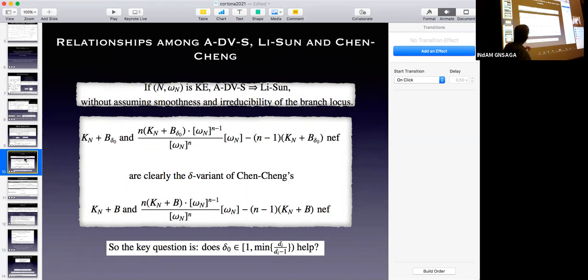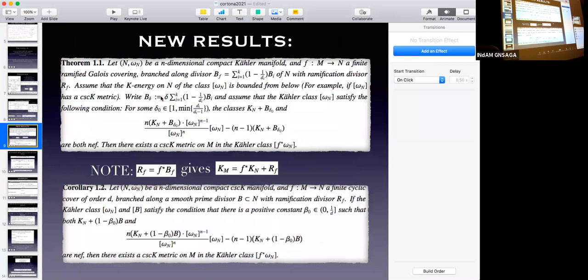But since I also mentioned the two results, notice that in our results, and I will also tell you why, the branch locus and the ramification are allowed to have multiple components. In fact, it's more interesting when they do.